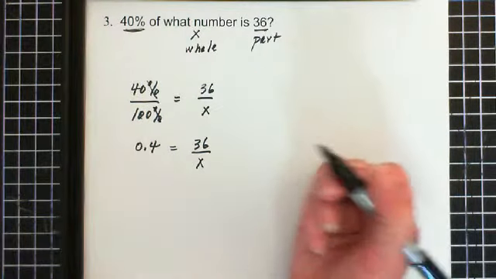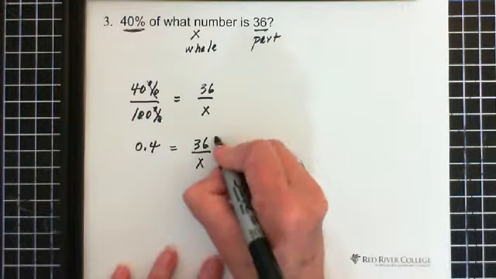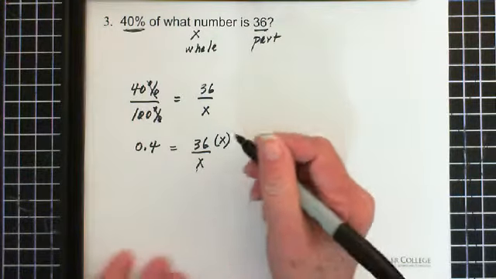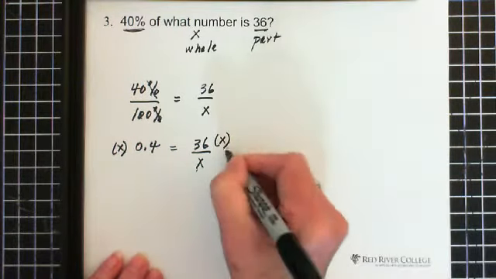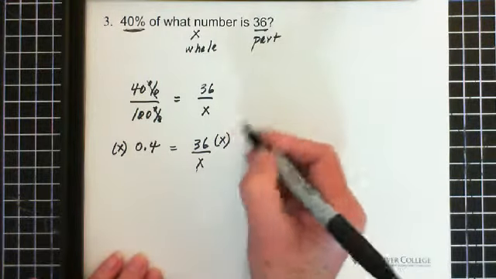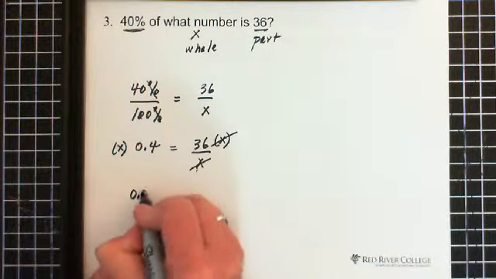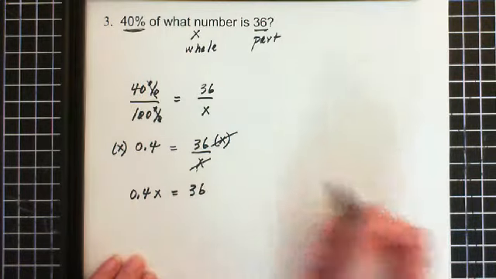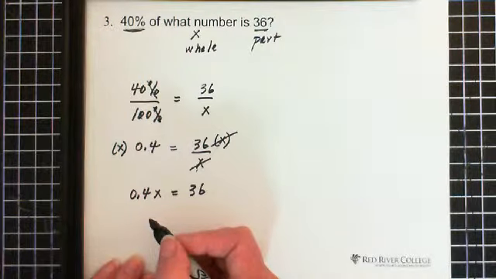Now again, I'm still trying to solve for x, and it's in the denominator. So to get it up, I multiply this side by x, and multiply this side by x. I have to multiply this side by x. Go back here, and the x's cancel, because x divided by x is 1. So these two cancel. Now I have 0.4 times x equals 36. So I'm still trying to solve for x, but right now it's multiplied by 0.4.